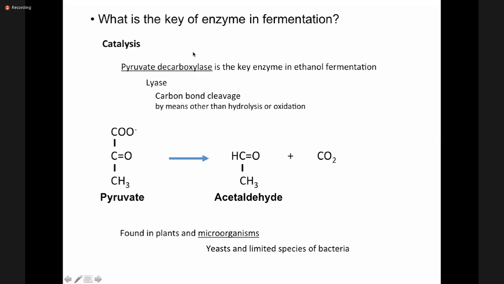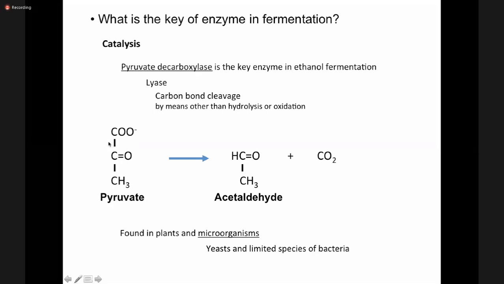Pyruvate decarboxylase is not an oxidoreductase. It's a member of the group lyase. Maybe you don't know the name lyase. It's just a group of enzymes. This group catalyzes carbon bond cleavage.